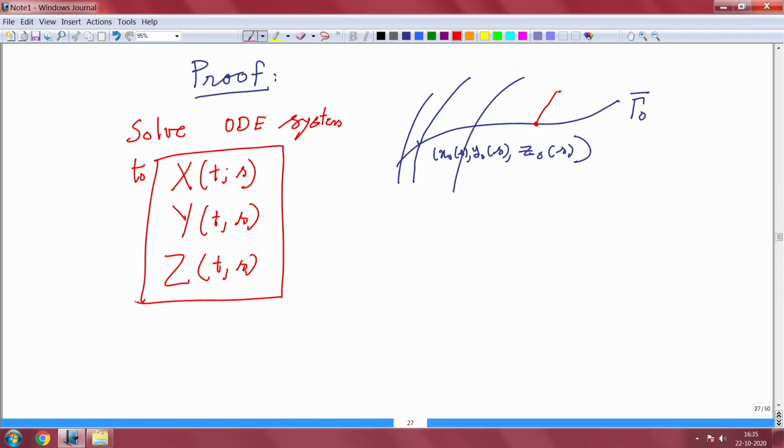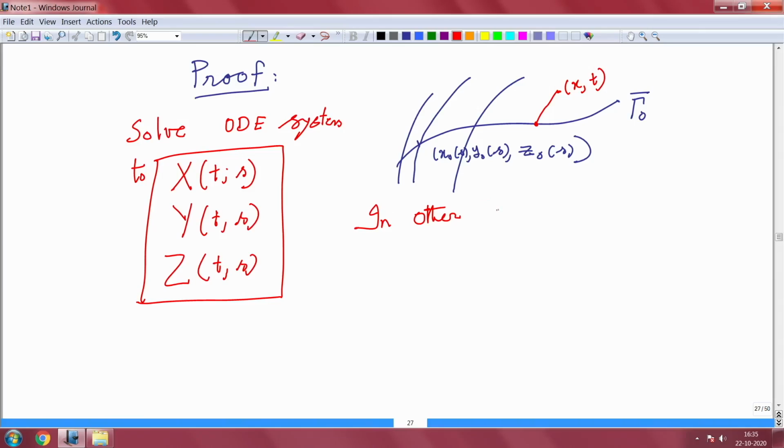Now what do you want? Starting with a point (x, y), you want to find a characteristic which meets your lifted initial curve.